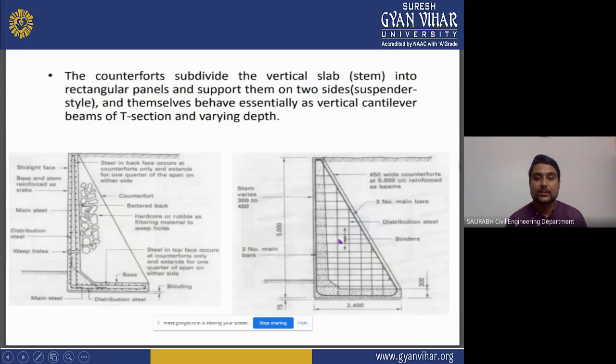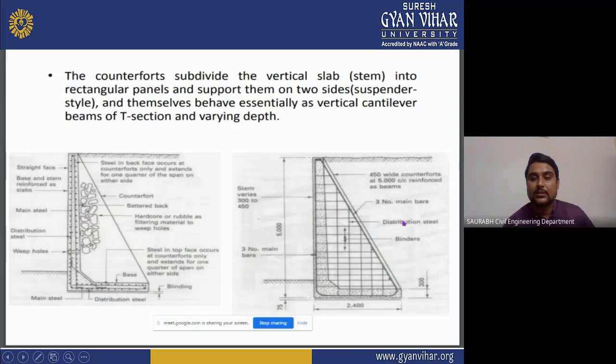Now we will see some components of a counterfort wall. The counterforts subdivide the vertical slab stem into rectangular panels and support them on two sides, and themselves behave essentially as vertical cantilever beams of T section and varying depth. As you can see here, this is your distributed steel, and this is your main steel.